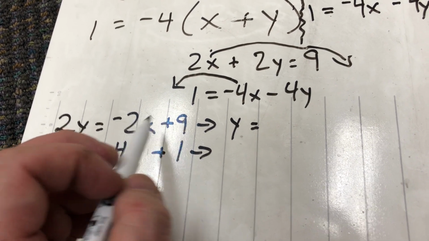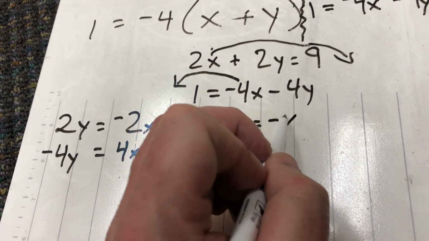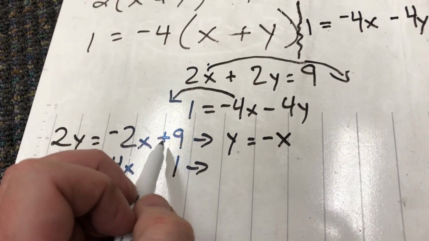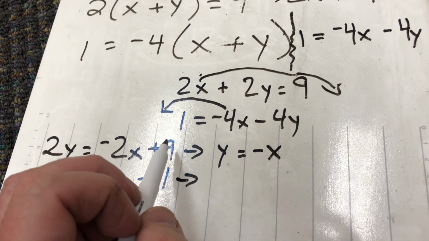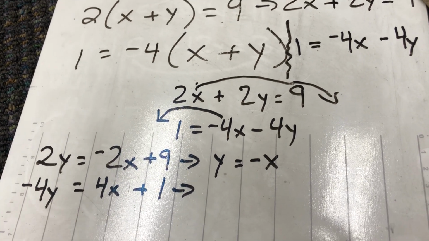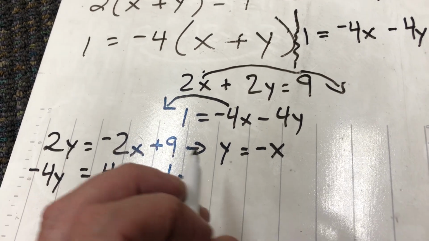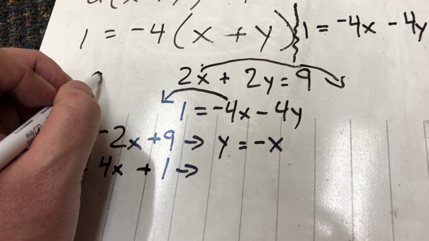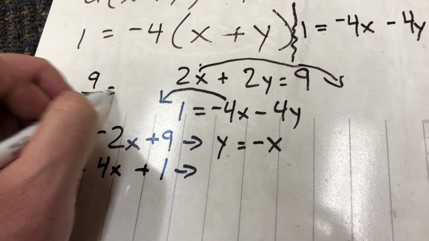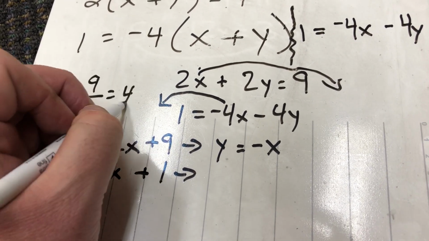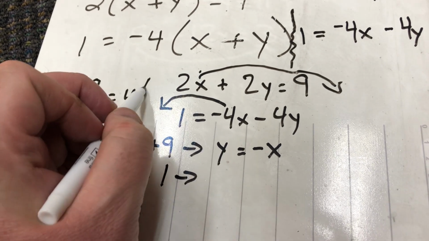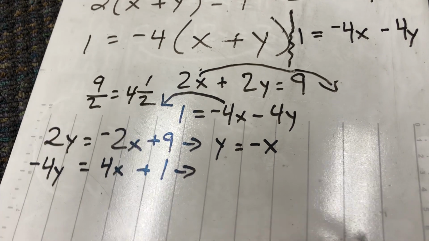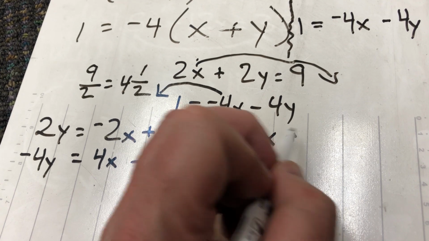I don't put a 1 in front of it, but it becomes negative x. 9 divided by 2 is going to be 9 over 2, or I can think about that as a mixed number. 2 can go into 9 4 times, I get 1 left over, and my denominator is 2.